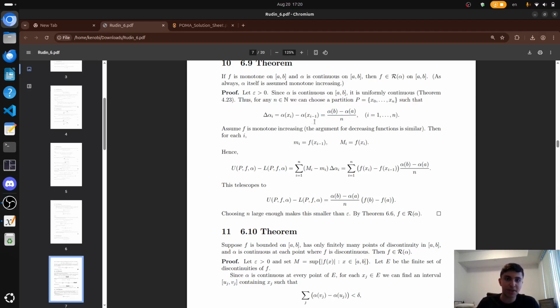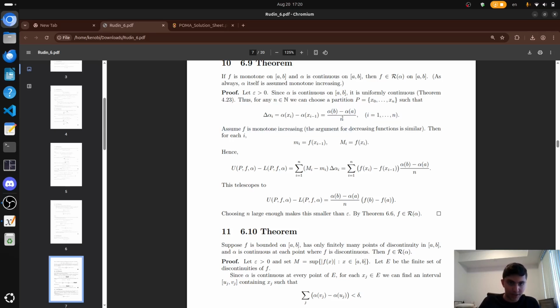We can do this because alpha is continuous, and since it's continuous, you can take the same steps with alpha, and you know that it's going to lie inside the function alpha.